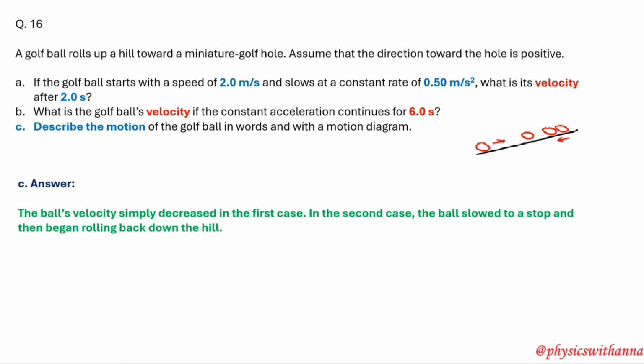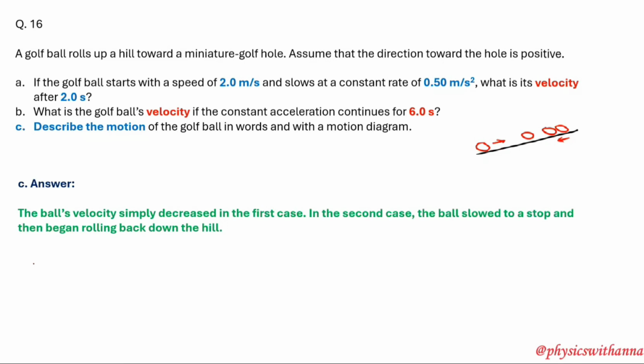You can say the ball's velocity simply decreases in the first case. In the second case, the ball slowed to a stop and then began rolling down. If you want to show this with the help of a particle model, this represents the case of an object that is slowing down. So in a particle model, when an object is slowing down, you draw dots which are coming close to each other.